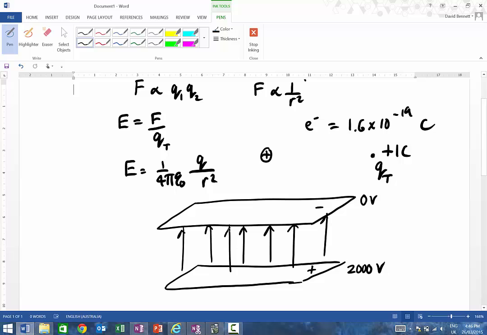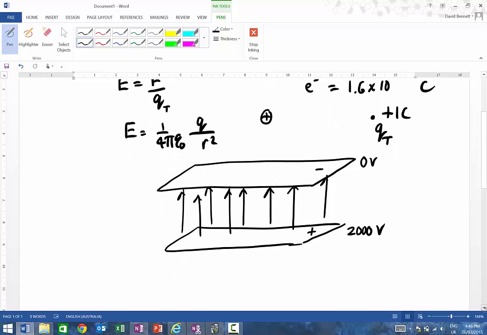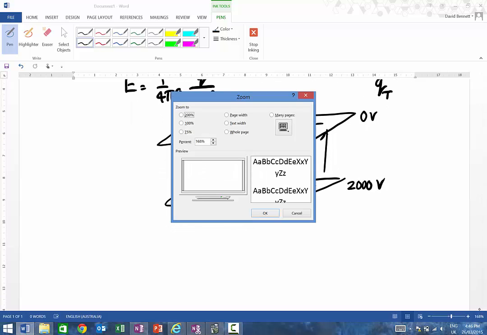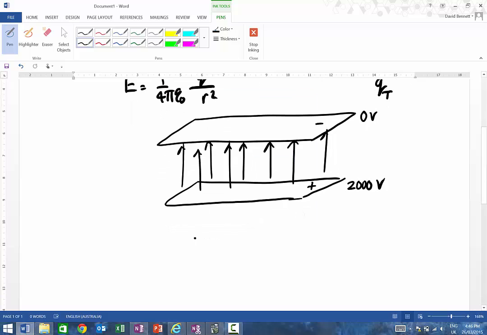When we start talking about these things, quite often we'll just represent that by a side view. All you need to do is draw your two parallel plates, then label 0 volts and 2000 volts, so negative and positive, and you can draw your field lines.